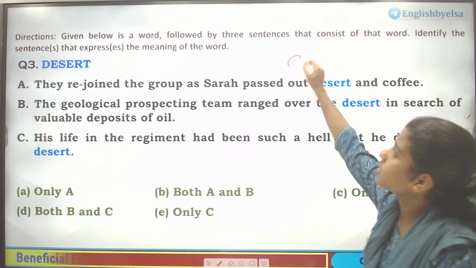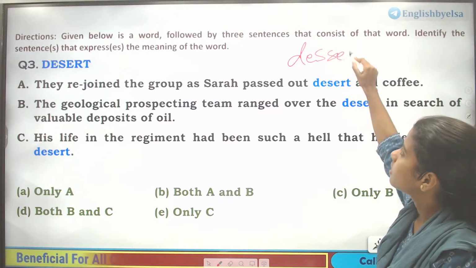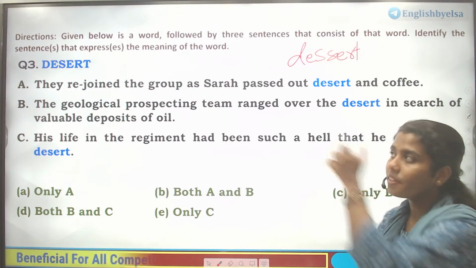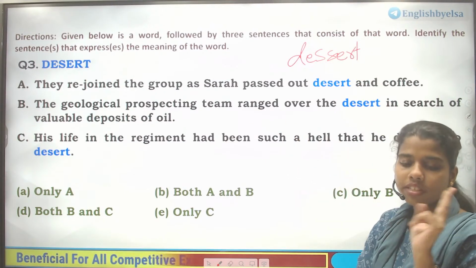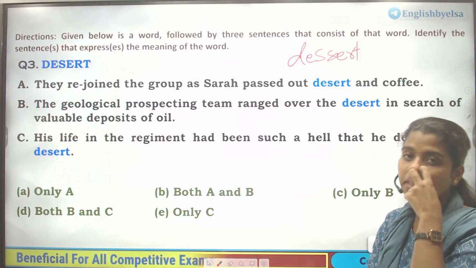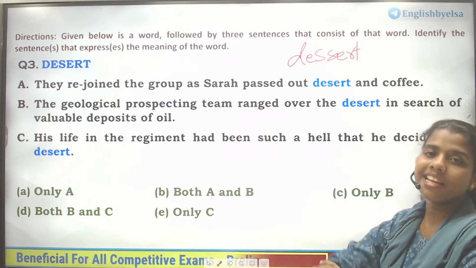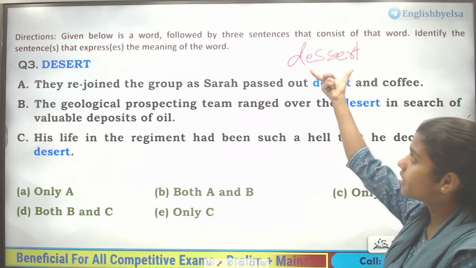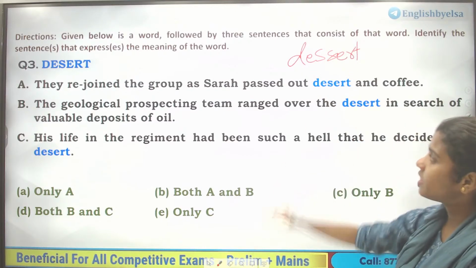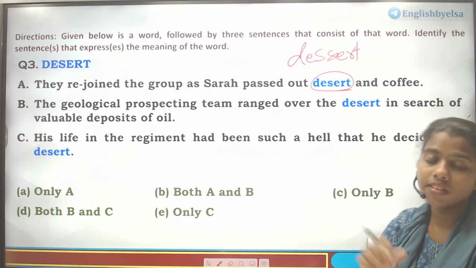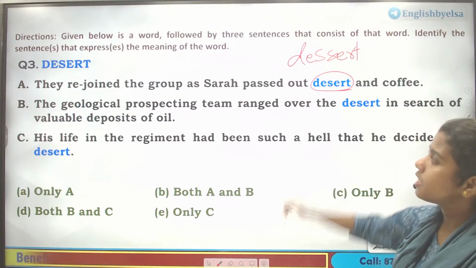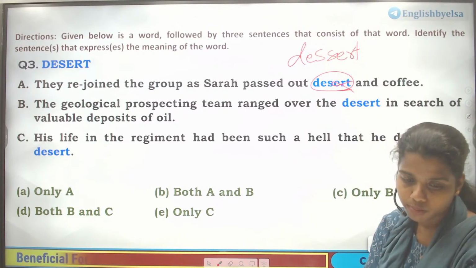Here the confusion comes between desert and the written word desert. Both words are correct, but there is a difference. Desert means an arid place. Here the dessert means a sweet dish. So in the first case, the written spelling is incorrect. That is why I will have to cancel out the first option.